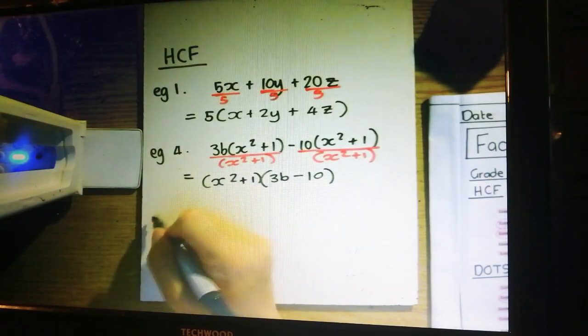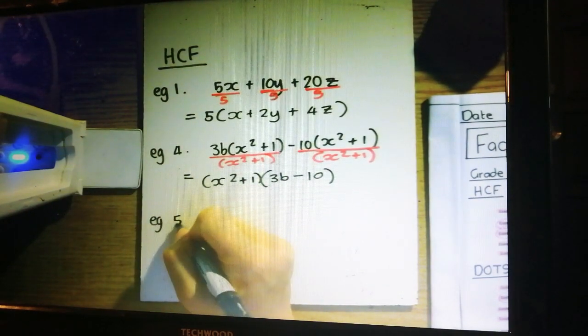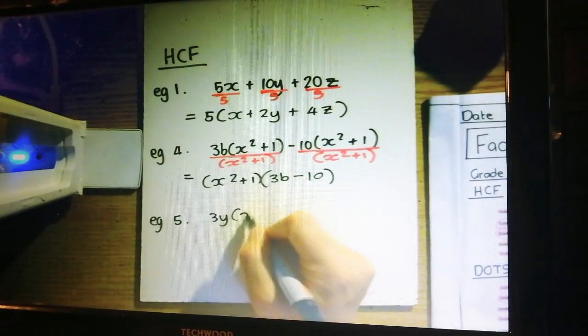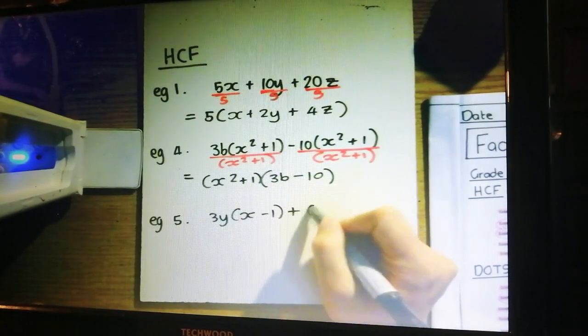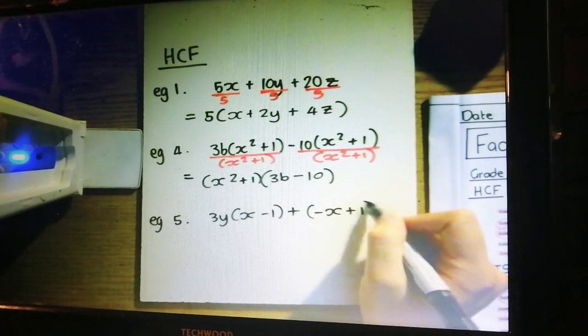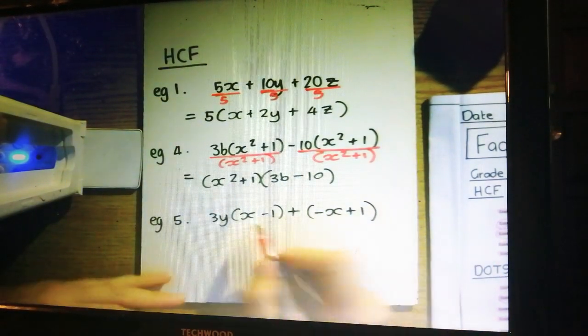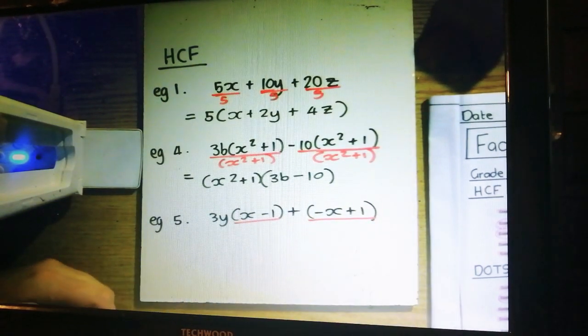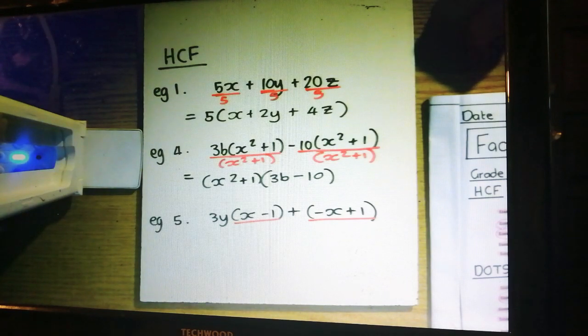And then lastly, for HCF, I'm doing example 5. Example 5 looks like this: 3y(x minus 1) plus (negative x plus 1). What do I notice? I see 2 brackets that are similar but not exactly the same. So in order to do this, I need to do something called sign change. And how does sign change work?